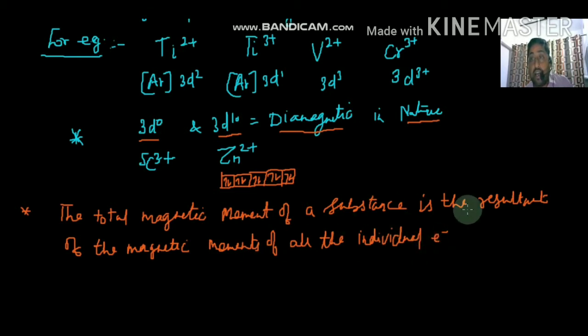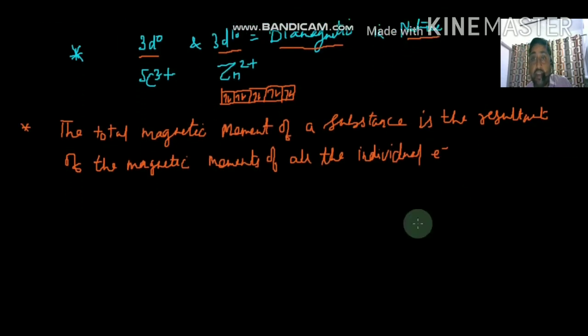Okay, and if we take the sum of them, then we have the total magnetic moment of the substance. If they equally cancel out with the opposite spin, just like in d10, then the total magnetic moment will be 0 and the substance will be a diamagnetic substance.